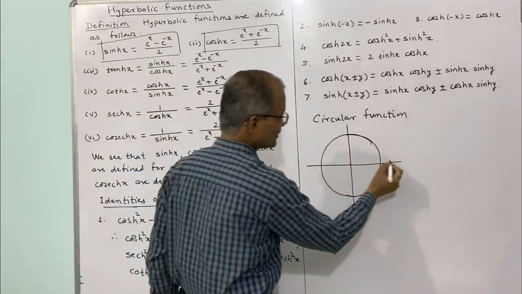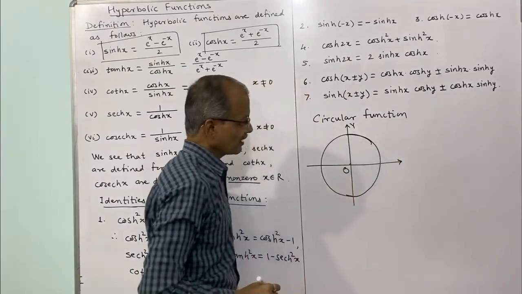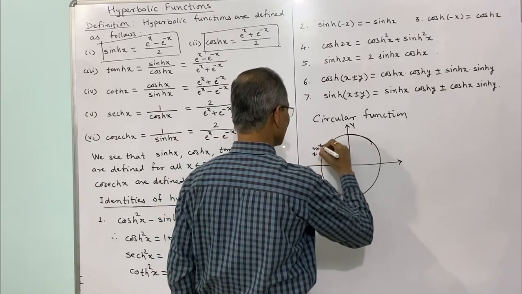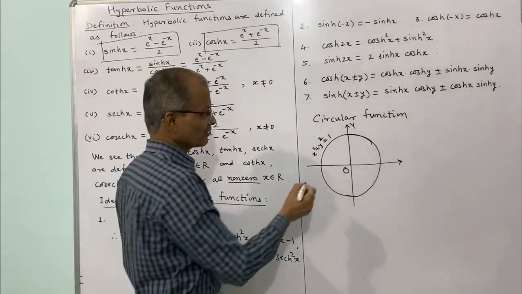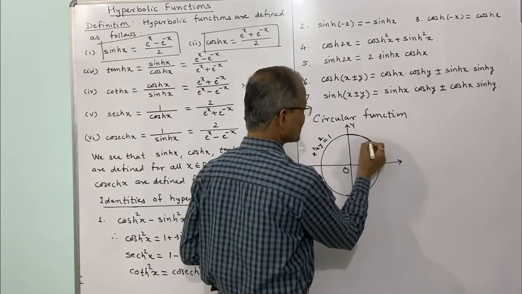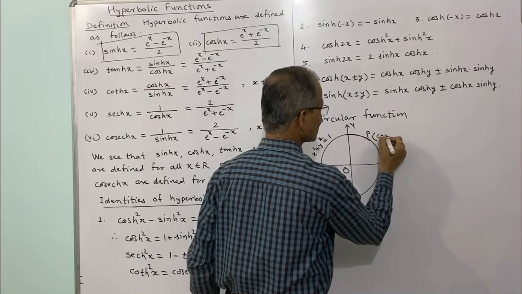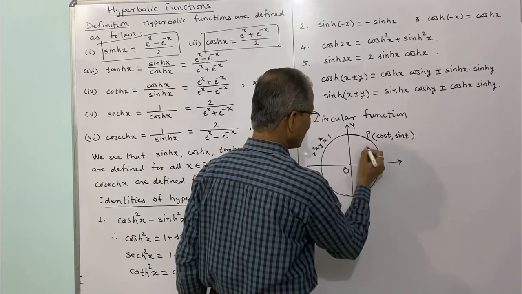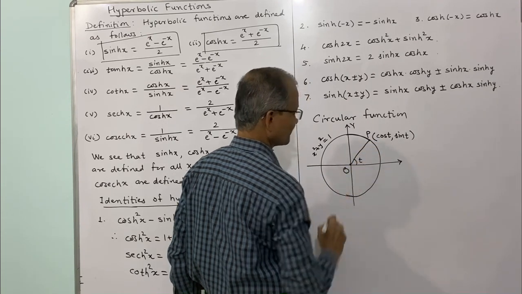And if this is x-axis and this is y-axis, with origin, the equation of this circle will be x square plus y square is equal to 1. And if you consider any point on this circle, and suppose the coordinates of that point are taken as cos t, sin t, and if you join OP, then this angle will be t.